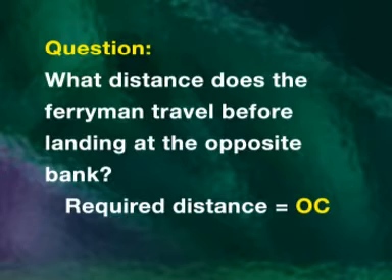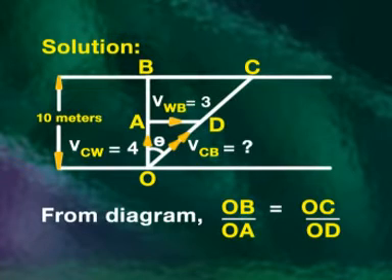Let's pick another question. What distance does the ferryman travel before landing at the opposite bank? Here, the distance required equals OC. From the diagram, OB divided by OA equals OC divided by OD.